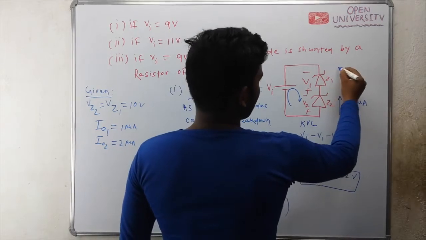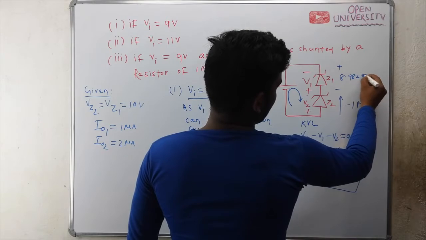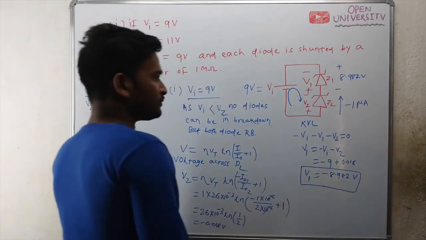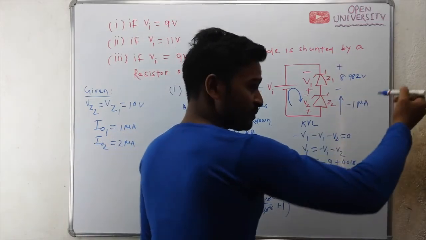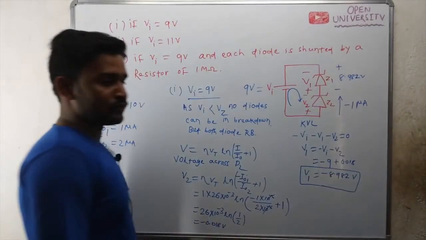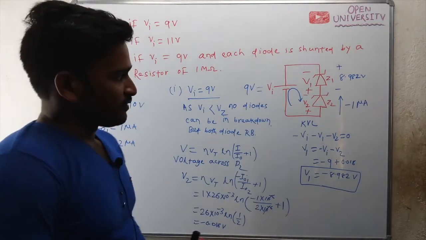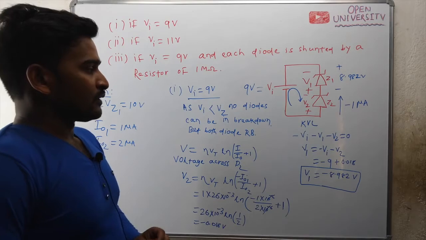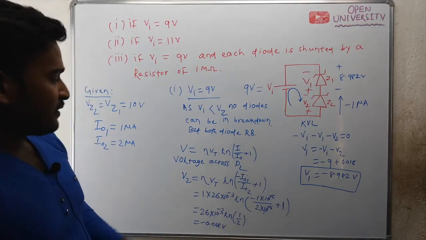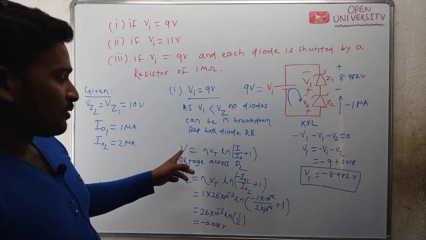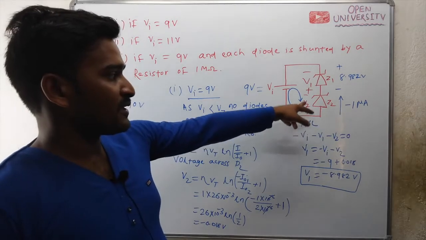That means this voltage will be plus 8.982 volt, and this voltage is less than 10 volt. So both the diodes are off. This is the way to calculate the voltage across each diode. You need to use the forward current equation of the diode, and from that you get the forward voltage across one diode, using the symbol of forward voltage like this.